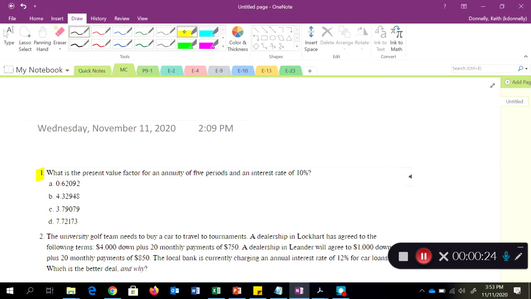It's saying, what's the present value factor? So what they're saying is, use the table for an annuity of 5 periods with an interest rate of 10%.